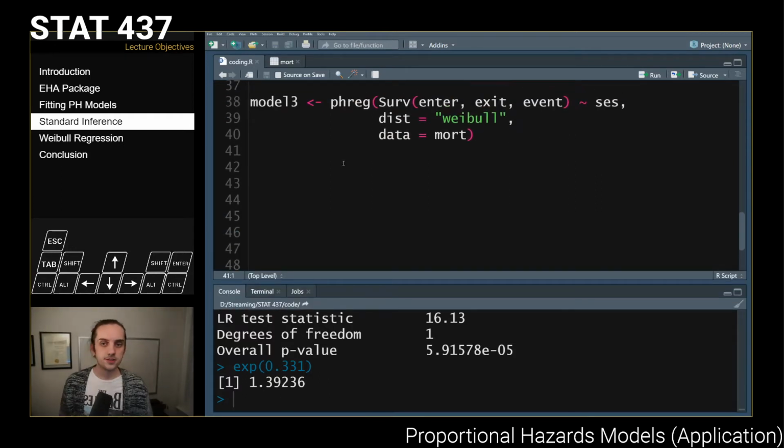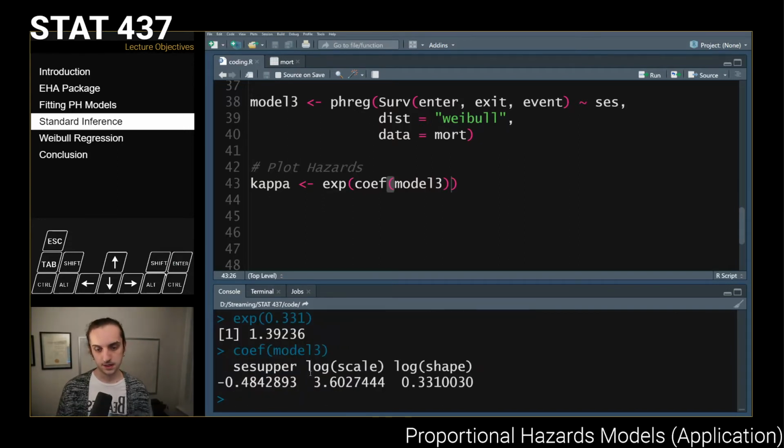And so the first thing that we would want to do is get our kappa and our rho parameters from the Weibull distribution, right? I'll just note that we're trying to plot the hazards here. Kappa is going to be given by the exponential of the coefficients for model 3. If we look at those coefficients for a second, you can see that we have our socioeconomic status as the first parameter, then we have our scale, and then we have our shape parameter.